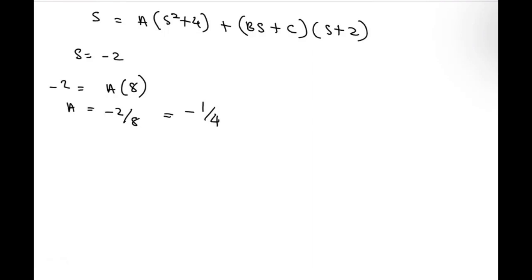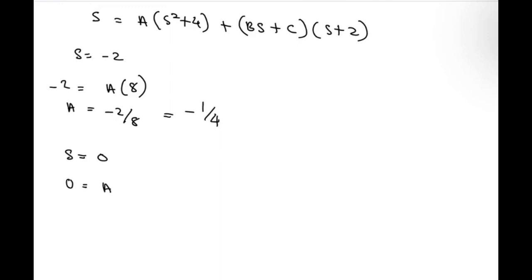All right, now let's solve for B and C. So we need to solve a simultaneous equation. Let's take s equal to 0. What happens if I let s equal to 0? On the left hand side, this one is 0.